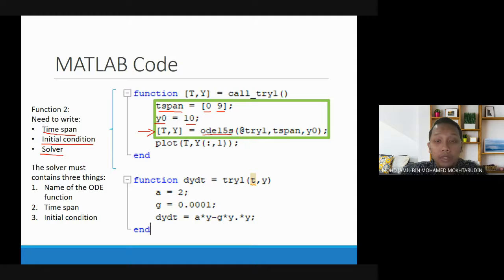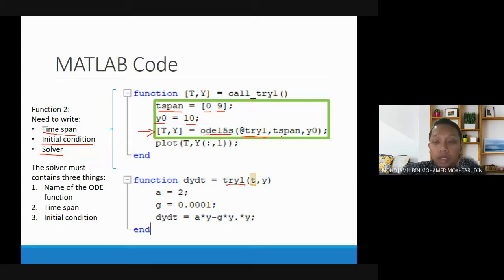And then in this function, you must have three things. The first thing is you call the function that contains the ODE, which is function number 1. So here, add symbol @ try1, meaning that you call this function try1 here. If you name your function, let's say, try2, for example, then here you must write @try2. So the first part here is calling the function.